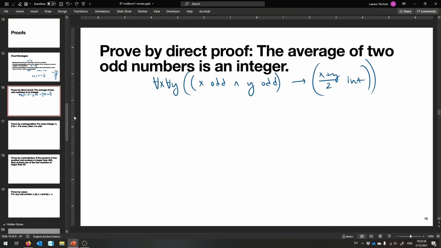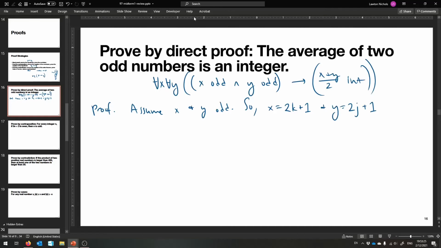So let's assume this. Proof. Assume x and y are both odd. So that means x equals 2k plus 1 for some k, and y equals 2j plus 1 for some j.